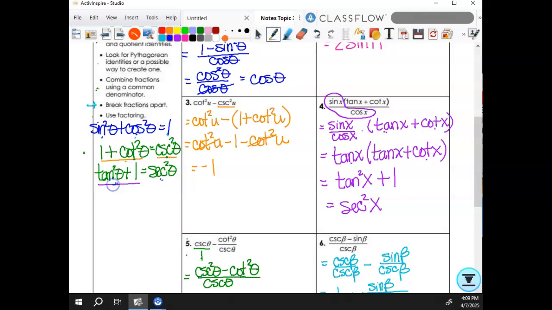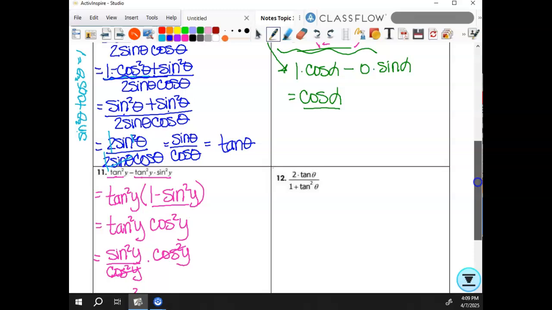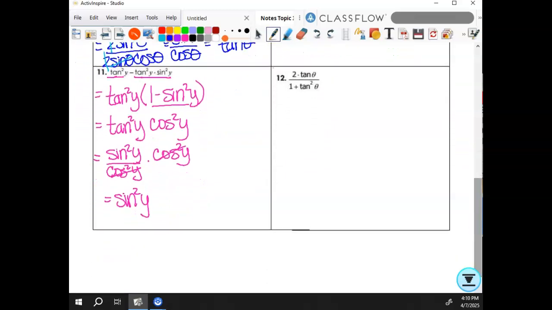And again, if you don't absolutely just know it, then you use this and you can get there, or maybe you know them, whatever works for you. You just got to be able to figure it out if you need it. All right, so I'm going to leave this as 2 tangent theta in the numerator. Denominator is going to become secant squared theta.